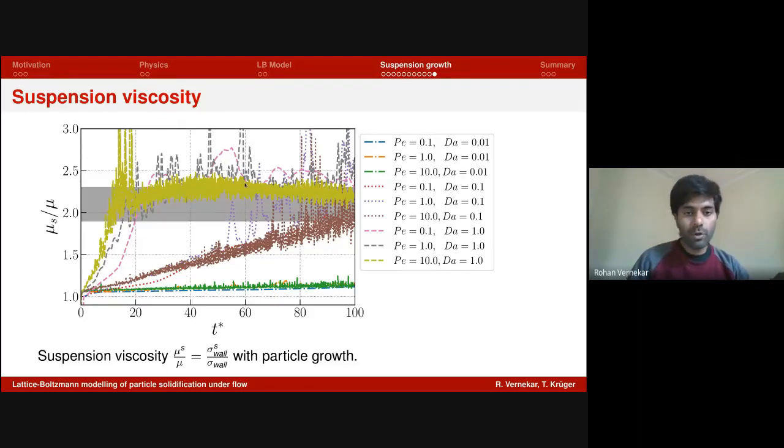The large amount of noise in the system is because I've got a very, very small system size. And so when the particles go close to the walls, they cause a large amount of noise in the measured suspension viscosity. And in this way, we can, I think, relate some of the parameters from experiments, because it might be very hard to measure these sort of dynamic changes at sort of nanoscales.